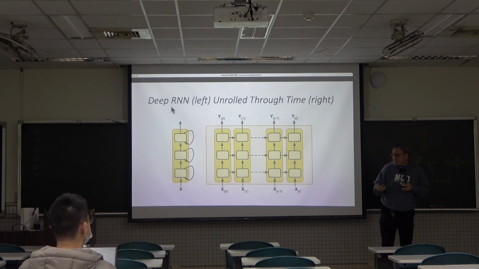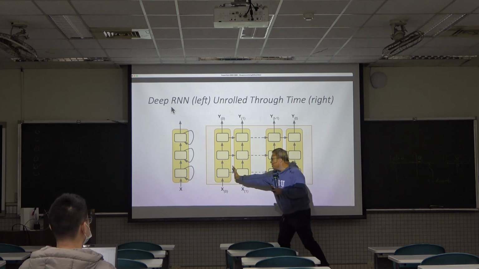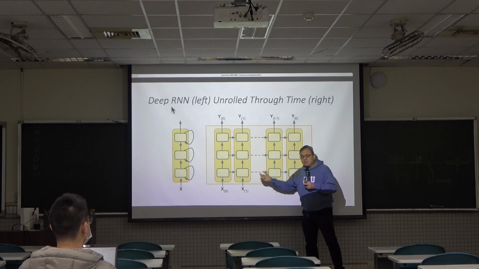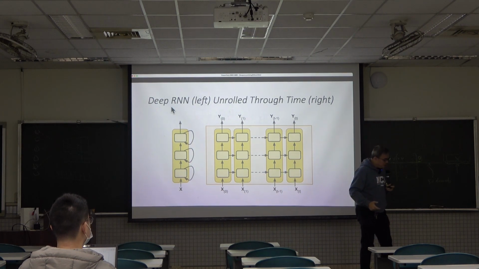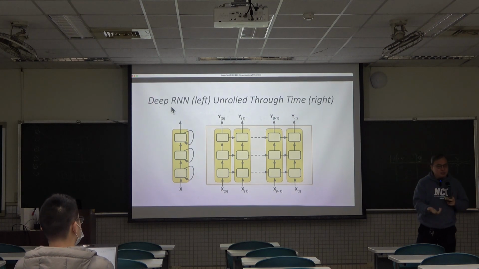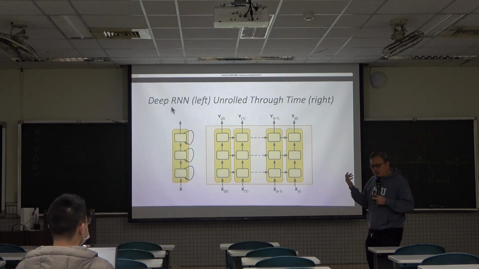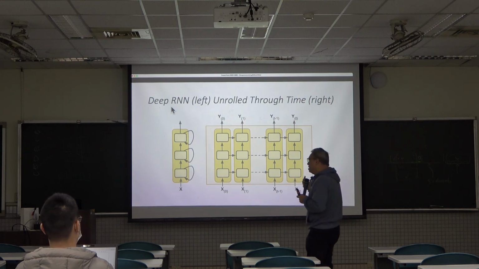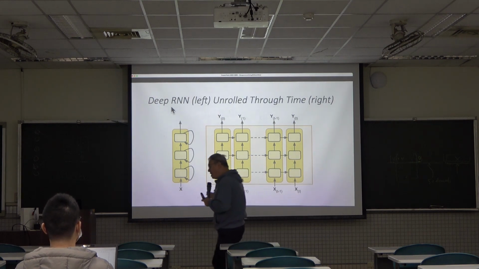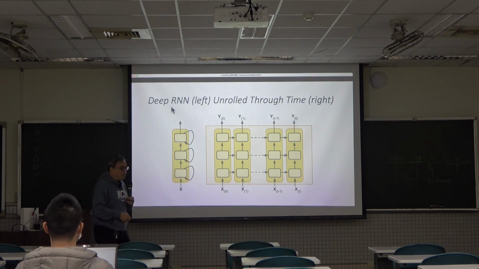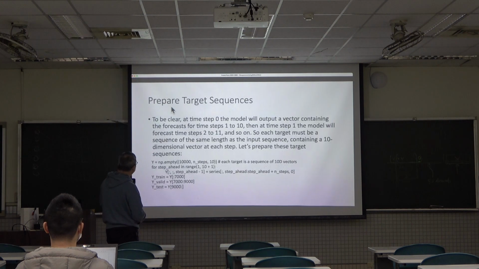But the other depth is the unrolling through time, which is especially the case for long sequences. This issue only happens in RNN. You don't have that in CNN, you don't have that in MLP. So I just want you to be aware.